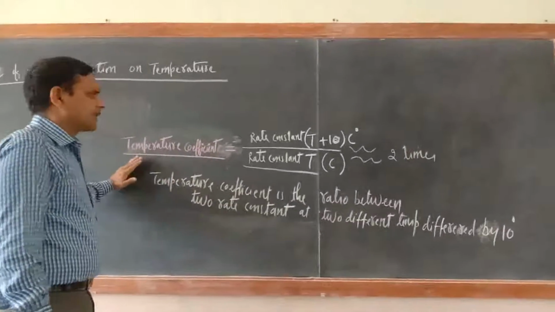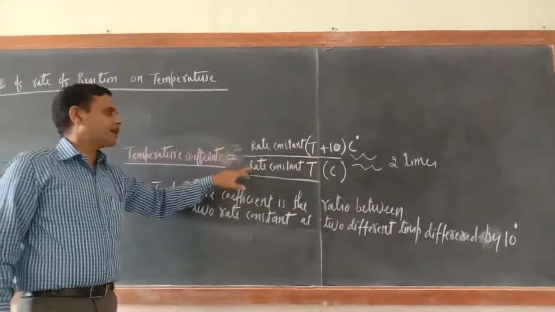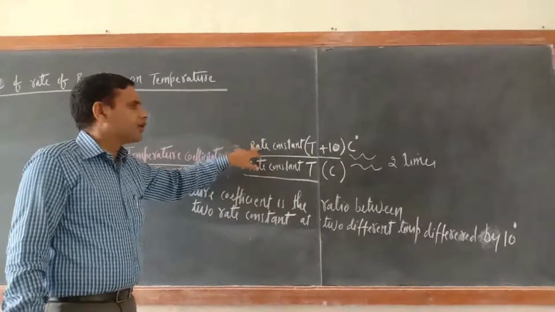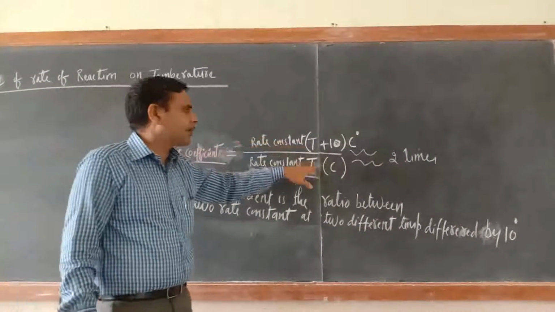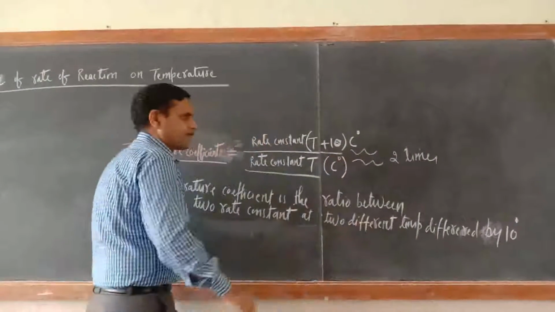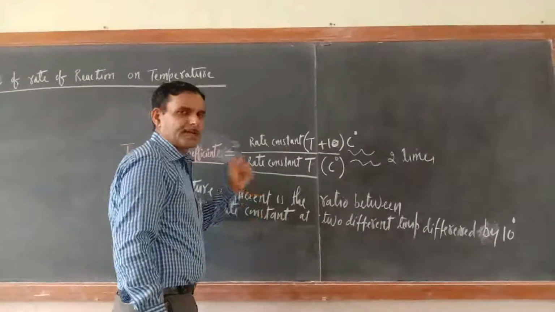So dear cadets, ultimately what we can say, temperature coefficient is nothing but a ratio of two rate constants at two different temperatures differed by 10 degrees.